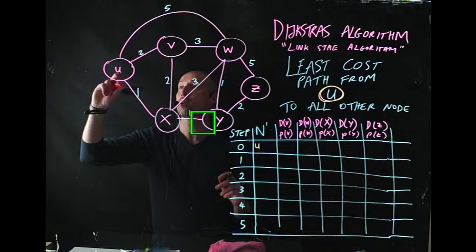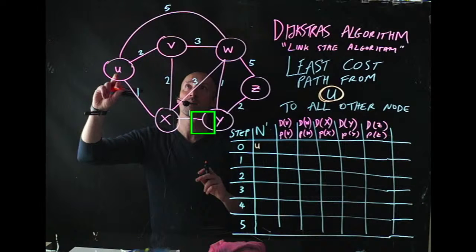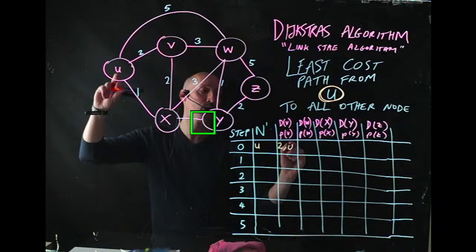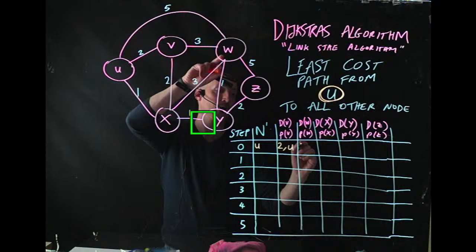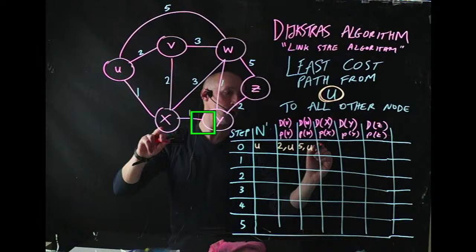So U is directly connected to V, X, and W. So we can put down the cost to get to V is 2 via U. Cost to get to W is 5 via U. And the cost to get to X is 1 via U. And everything else we put down is infinity.